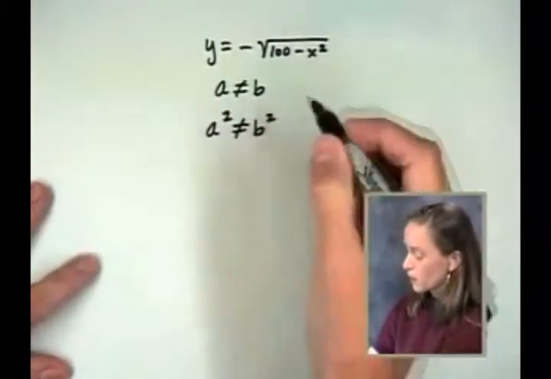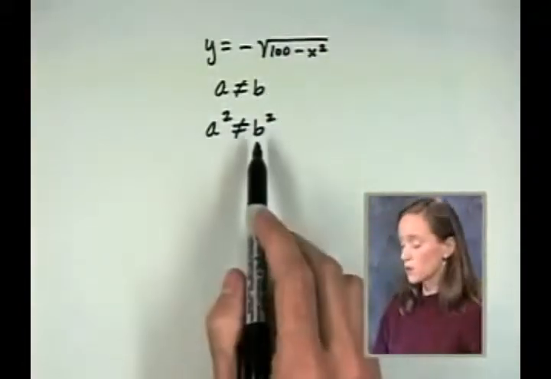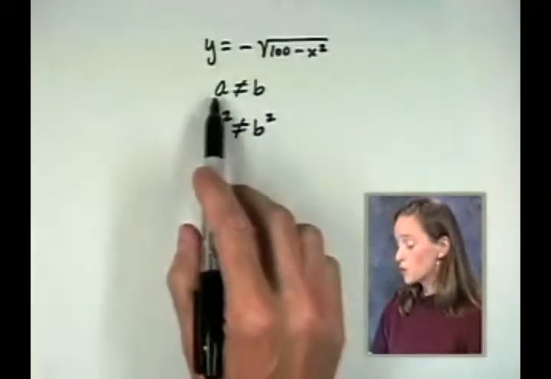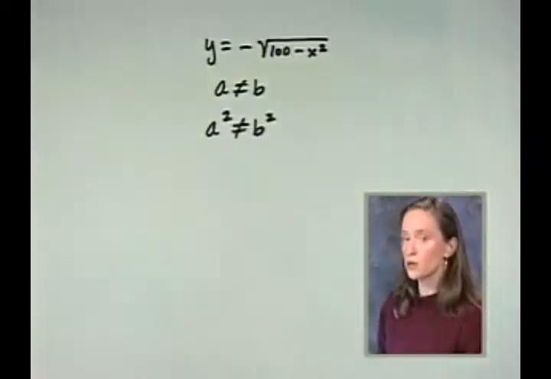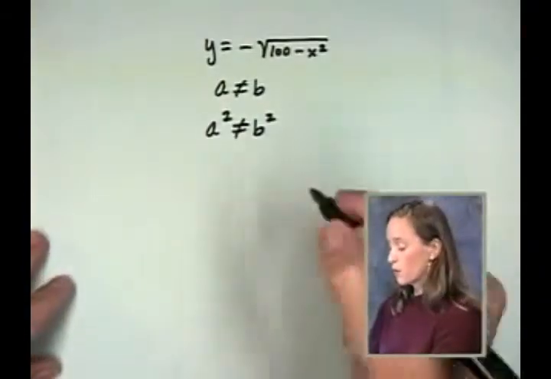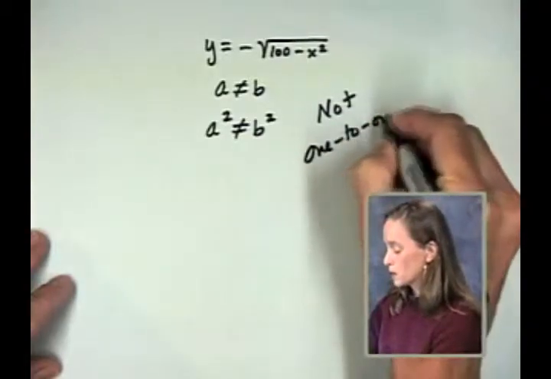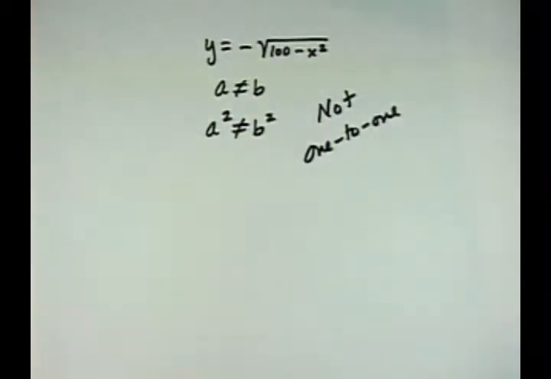However, if a is not equal to b, it's not necessarily true that a squared is not equal to b squared. If a is 2 and b is negative 2, their squares are both 4. I'm not able to conclude that f of a is not f of b, so this one is not one-to-one.